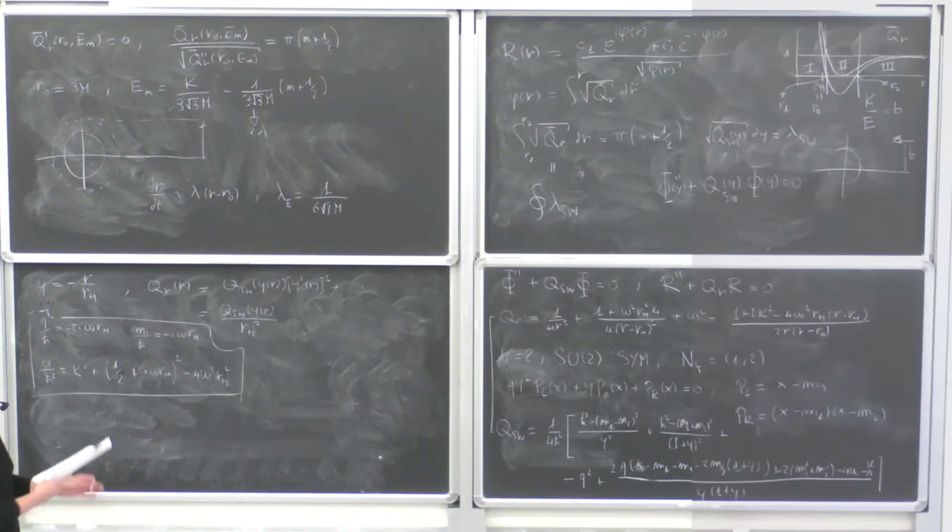This probably has some relevance from the gauge theory point of view, but I don't know what happens there. How many fundamental hypers do you have? 3. All of them have the same value? Yes.